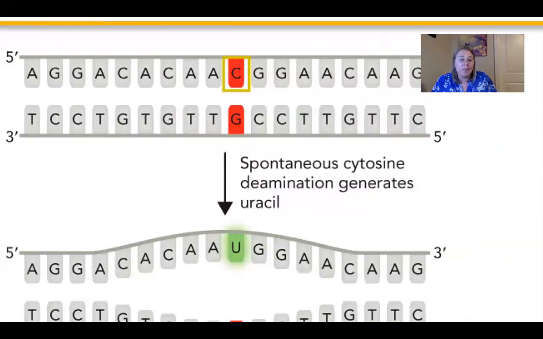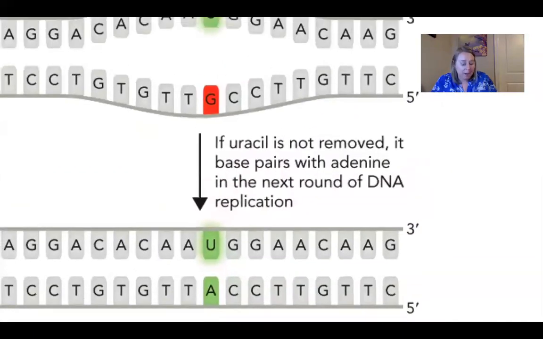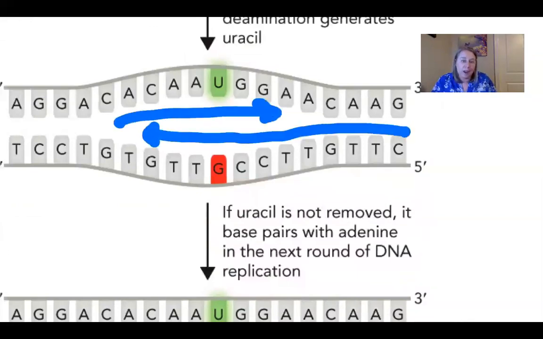Now, if that uracil gets left there and you allow DNA replication to continue, you're going to make a copy of both strands of DNA. You're going to make new copies of the DNA. And so in our bottom copy, we're going to put a C on the other side and it's going to be just fine.